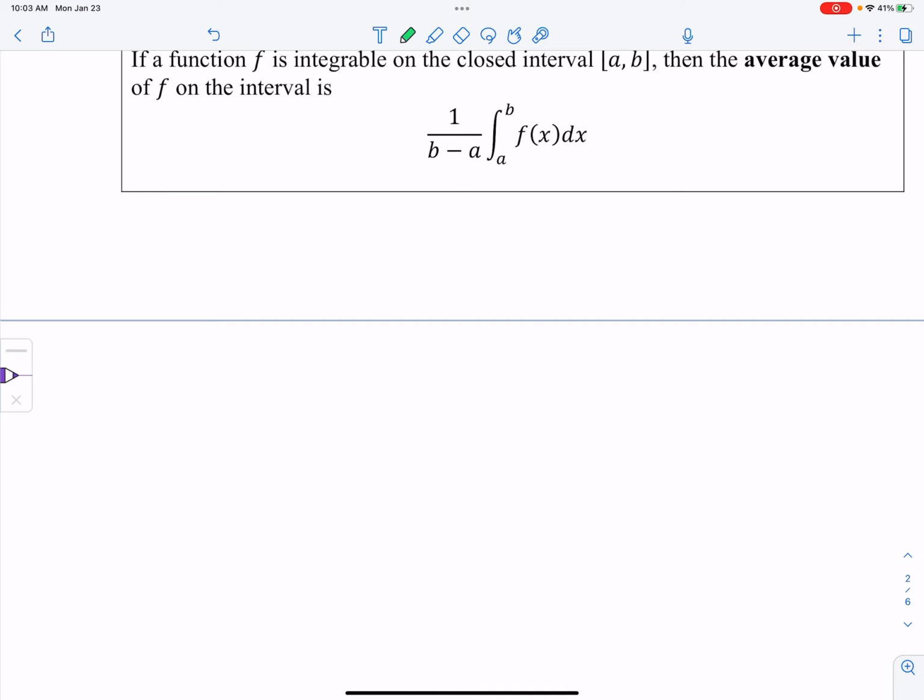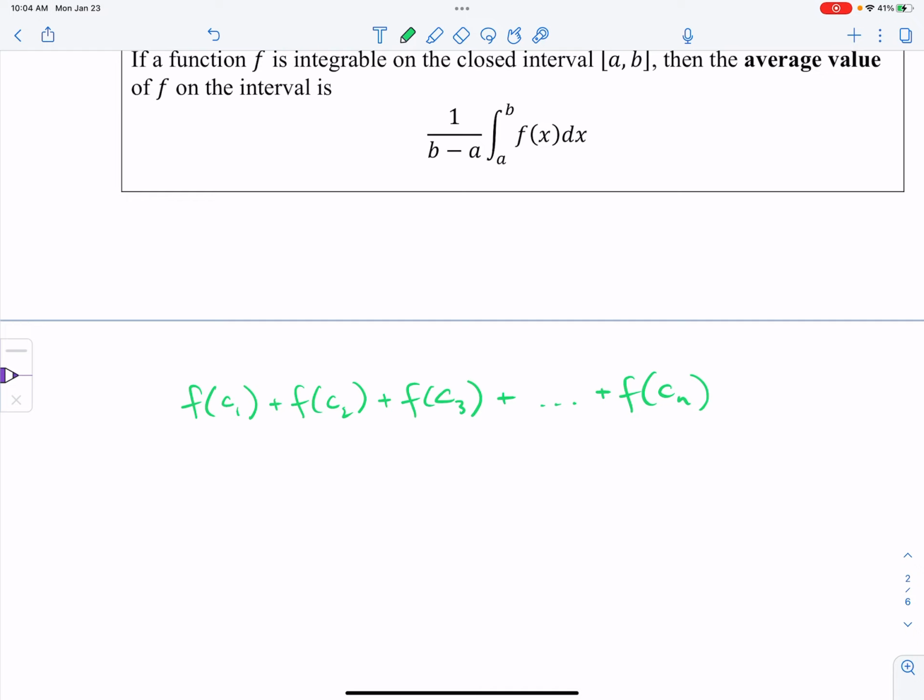So we would want to do f of c sub 1, f of c sub 2, f of c sub 3, up to f of c sub, let's say, n. And then we would want to divide by n, where we're thinking about there being n number of values that we're adding up.